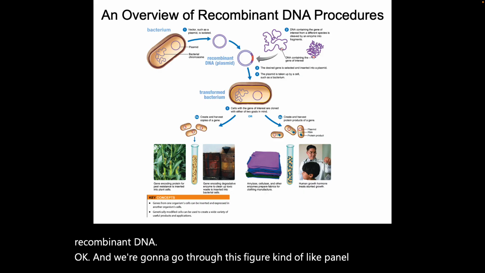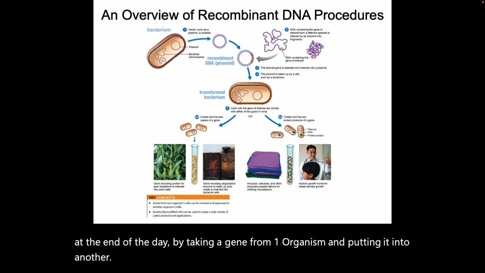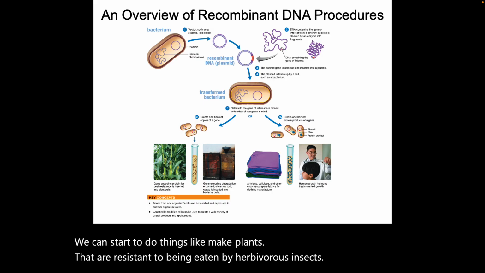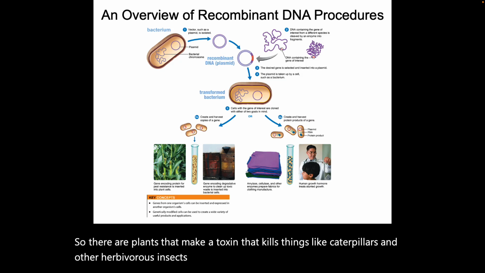But at the end of the day, by taking a gene from one organism and putting it into another, we can start to do things like make plants that are resistant to being eaten by herbivorous insects. So there are plants that make a toxin that kills things like caterpillars and other herbivorous insects that would destroy the crop. But the toxin is not toxic to humans.